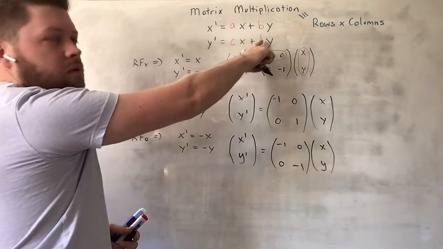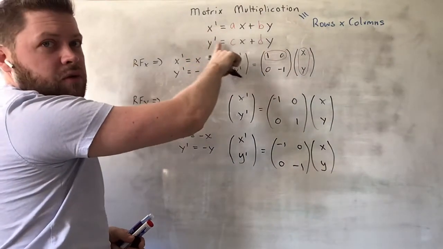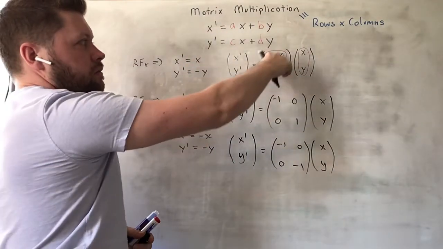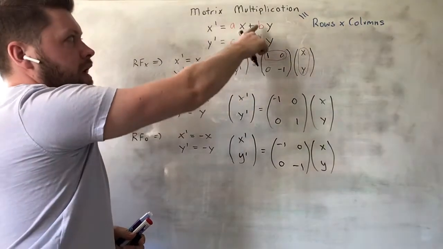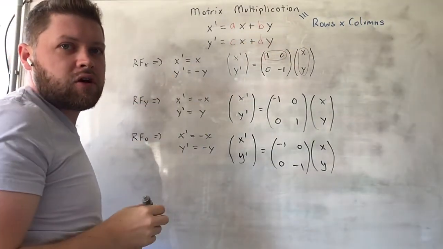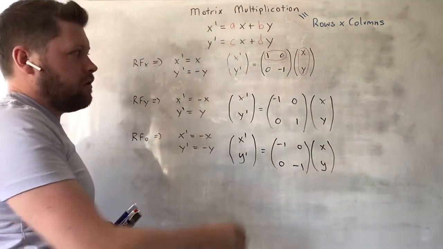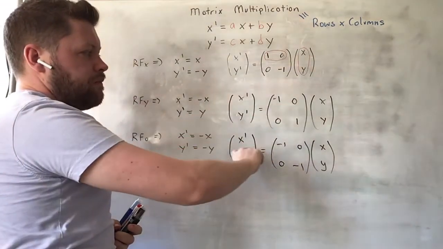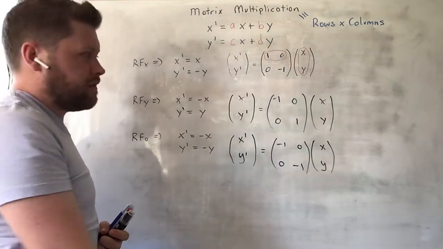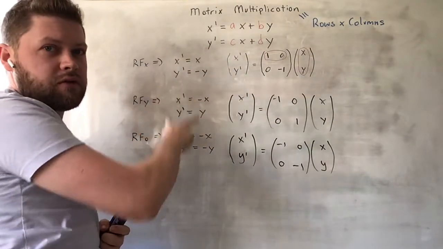Okay, this is all, remember, comparing back with our original set of equations here. And this transformation matrix always being a, b, c, d, the coefficients in red. Okay, now once again you can verify all this. You can do row by column multiplication to see that you get back these original equations.